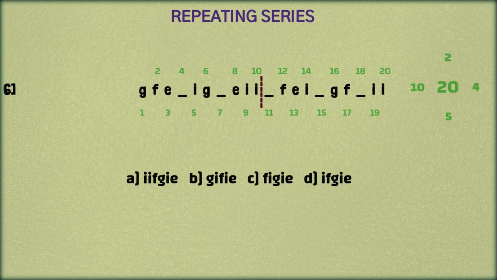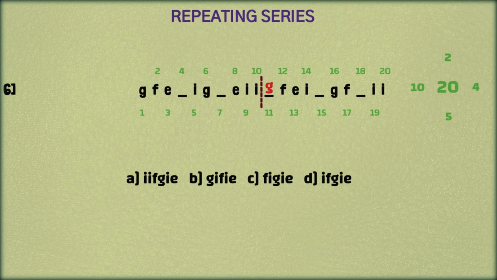Let's try to do so. If we see in the first half, the starting letters are G, F, E. Taking a look at the second half, by the similarity concept, we can say that the second half can also start with the letter G, and we can get G, F, E, I as the start of the second half.